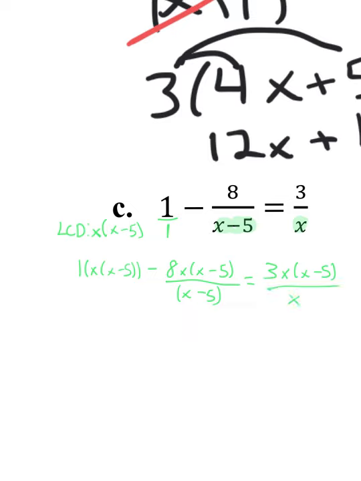So again, the part that's being added here, x times x minus 5, I'm just multiplying that by each individual term. That's where the x times x minus 5 is coming from.